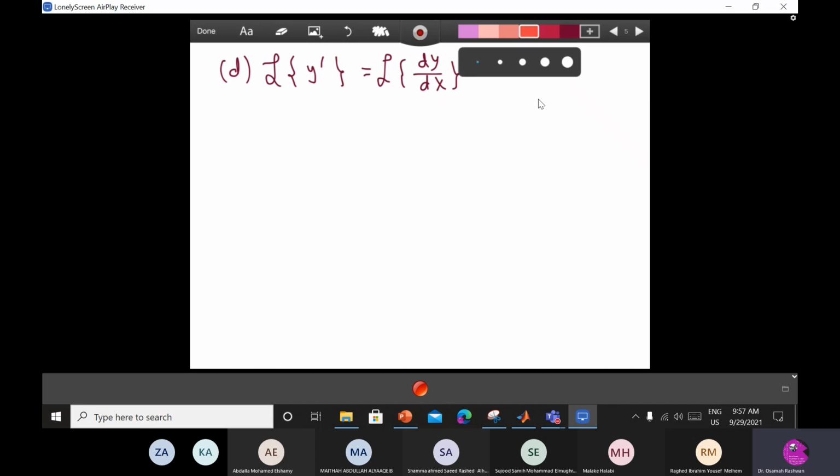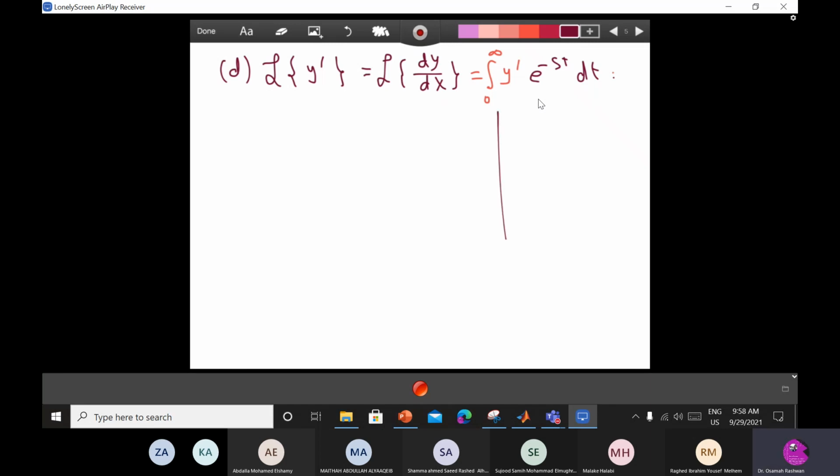Again, I'm going to write the Laplace transform for this one will equal to what? Yes, equal to the integration from 0 to infinity for y dash multiplied by e to the minus st dt.